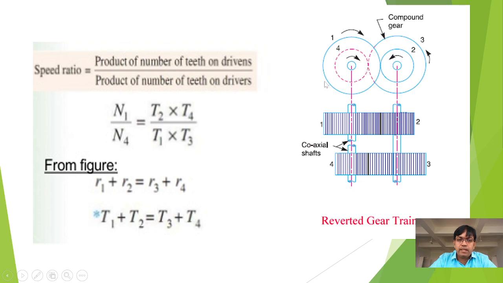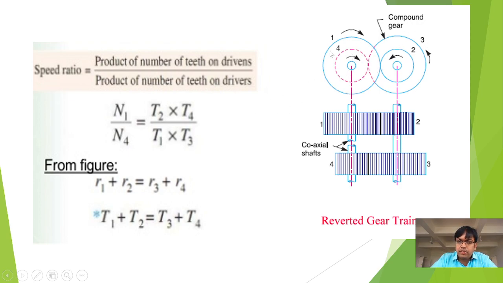So if you multiply them, N1 by N2 into N3 by N4 is equal to T2 by T1 into T4 by T3. Therefore, N2 and N3 will get cancelled because N2 and N3 are on a compound gear train. Therefore, the total will be N1 by N4 is equal to T2 into T4 divided by T1 into T3.